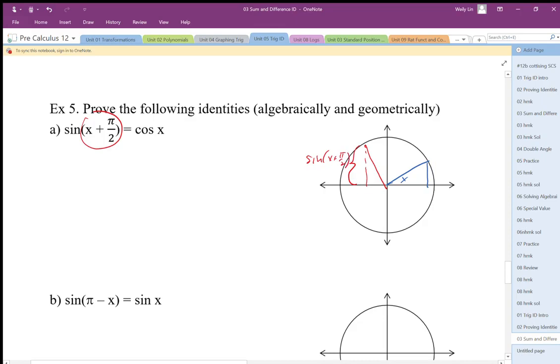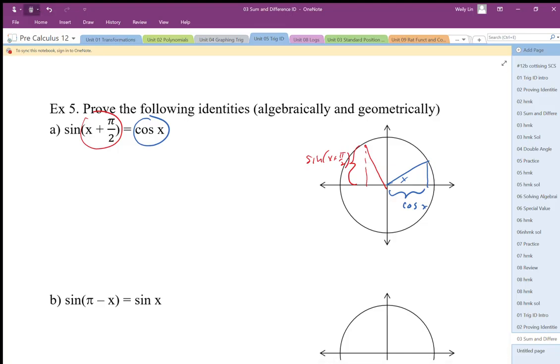We're seeing that that length is equivalent to the cosine of angle x. Those two lengths are exactly the same. Not only the same, but that's positive and that's also positive. It's not just the lengths that are the same, but the signs are the same. So that's our geometric interpretation of this.